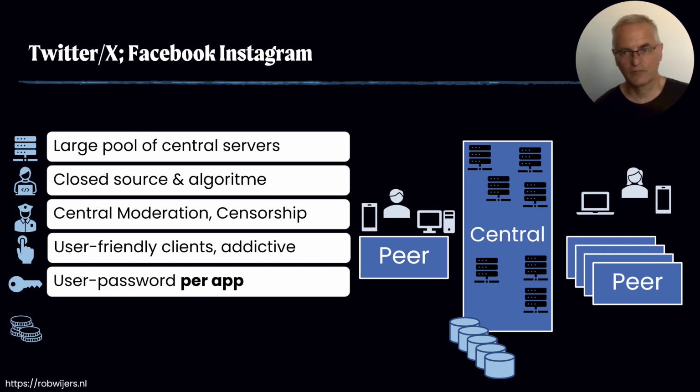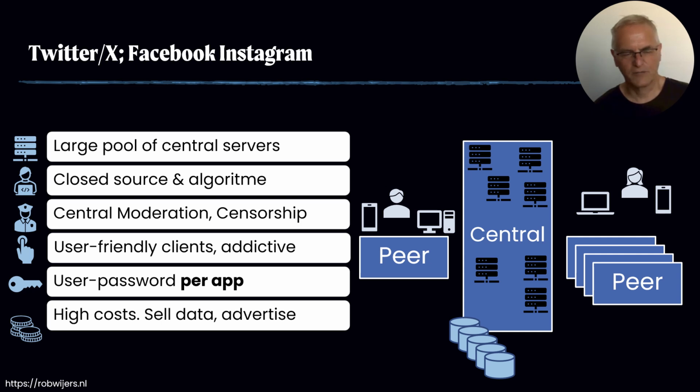We got a user password per application, so if we go to Twitter we use something different than in Facebook or Instagram. They try to combine it, of course, with Facebook and Instagram because they're the same company. But in the end, there's a lot of centralized cost, and what they do is they sell your data and advertise. That's the current situation, not the internet that we intended.